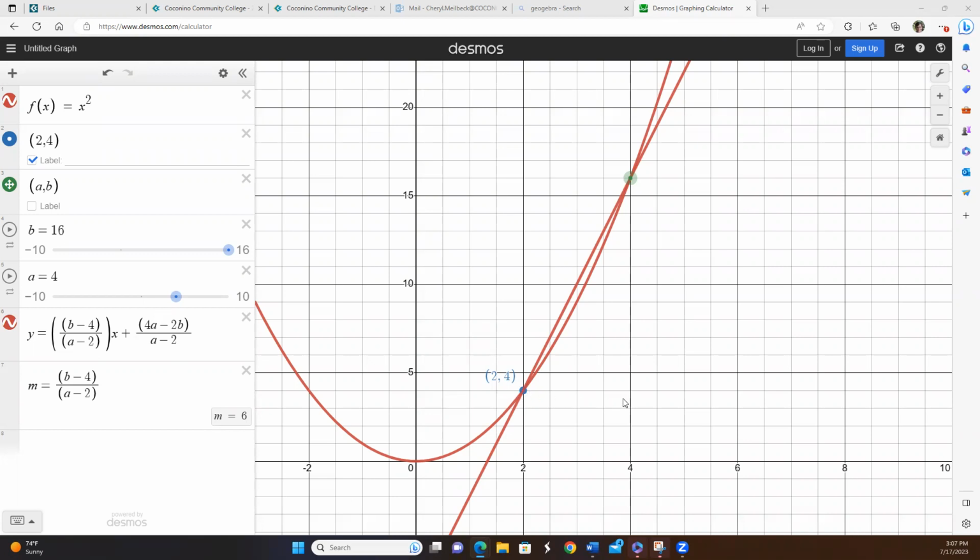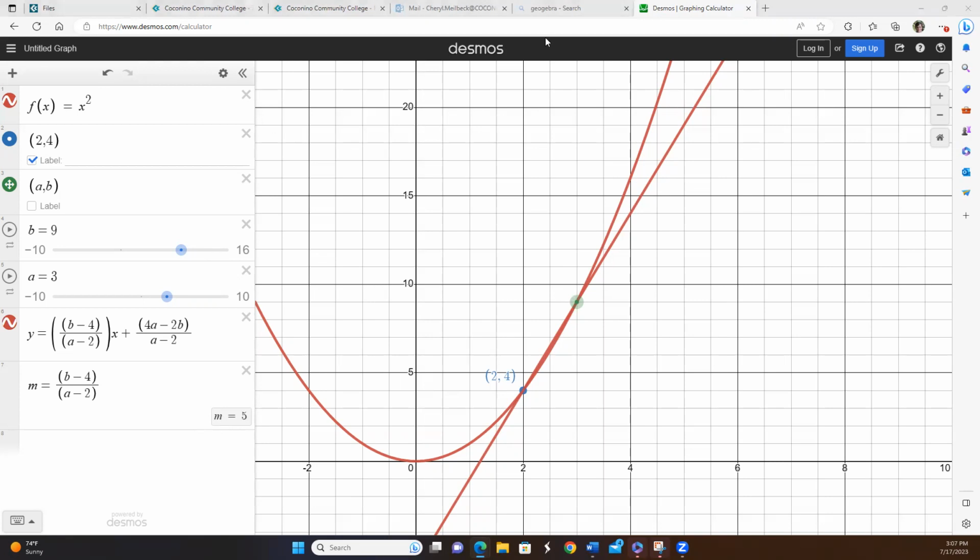So if we go 2 units to the right, we're up here at 16. If we change that to when a was 3, when h was 1, that would be 9. You can see here's the secant line, and now our slope is 5. And that's what we got on our sheet.